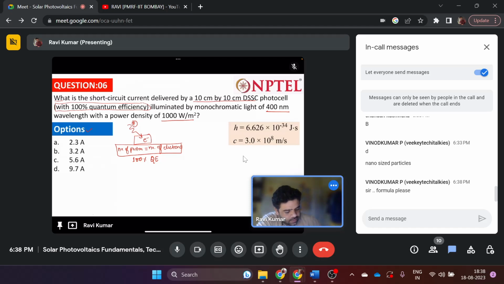First, calculate the power incident on the surface of solar cell.